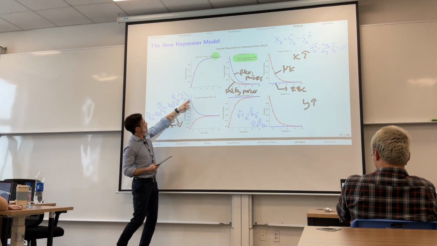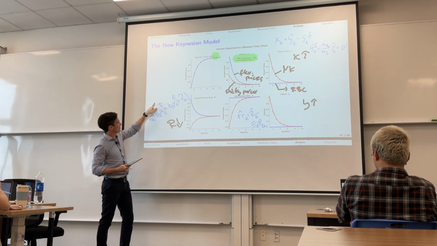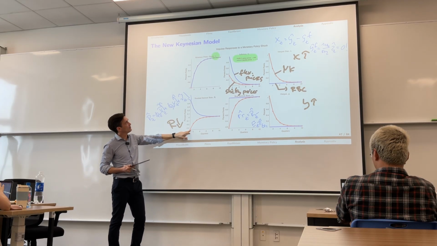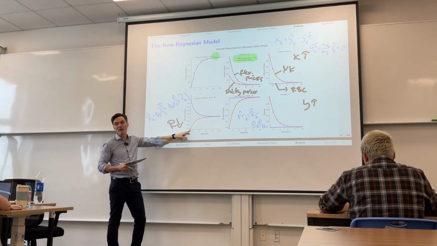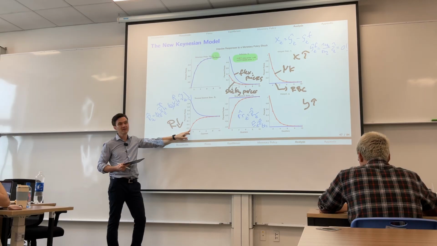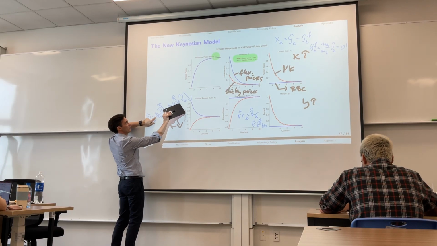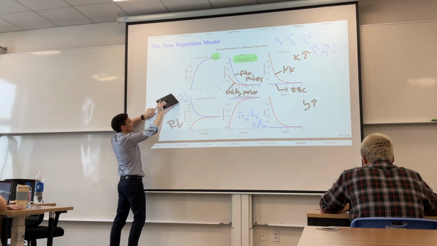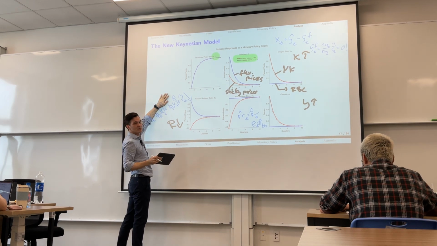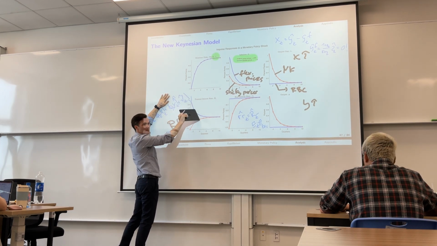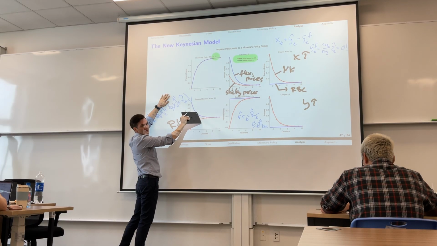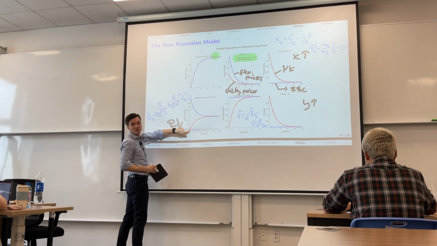So this goes down by 100 basis points, this goes up, and in the red case you see the nominal interest rate only goes down by 35 basis points. This falls by 100, so in other words, 65 basis points is the effect by which this is pushed up. So this goes up by 65 basis points, this goes down by 100 basis points, and the net difference of those is the 35 basis points fall here.